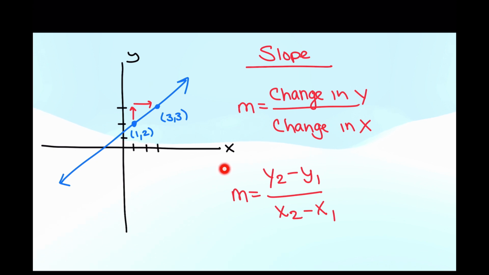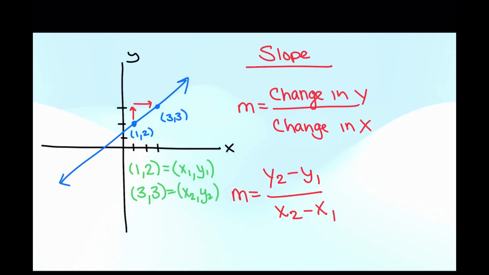And so with this formula at the bottom of the screen, we can just take the 2 points given and plug them in to get our slope. I can let the point 1, 2 be my x1, y1, and I'll let the point 3, 3 be x2, y2. Turns out it doesn't matter which point you make point 1 and which point you make point 2, you get the same answer either way.